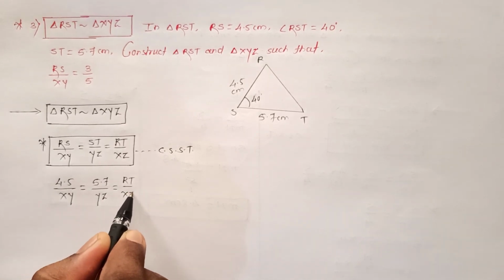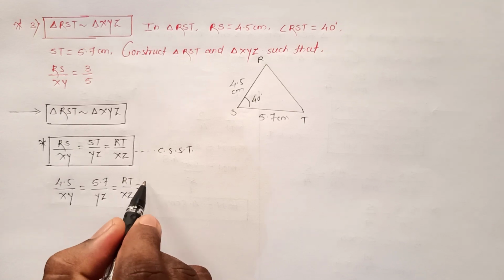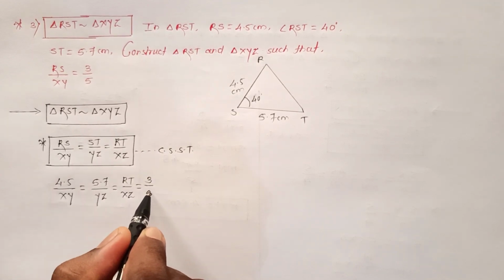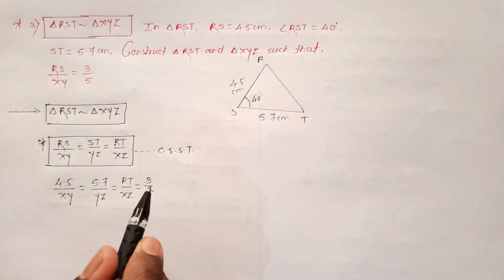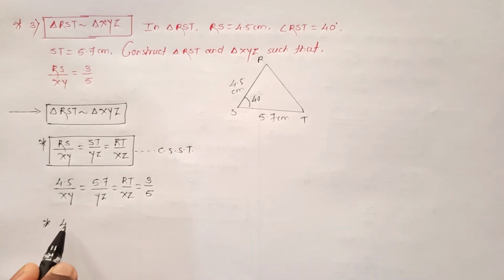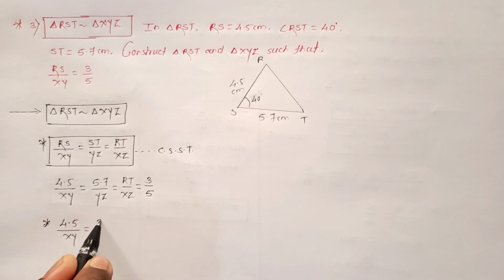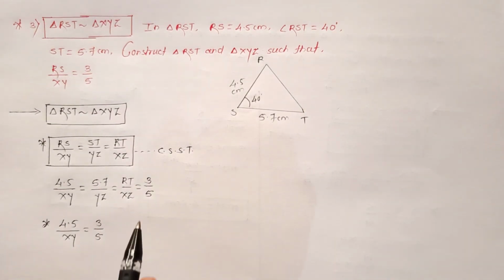RT upon XZ is equal to one of the ratios, that RS upon XY is given, which is 3 upon 5, like this. So let's find that value by taking the first ratio and this one. 4.5 upon XY is equal to 3 upon 5.